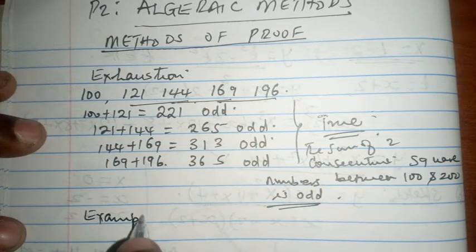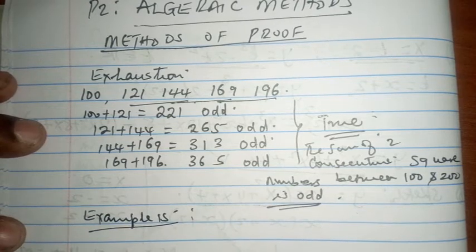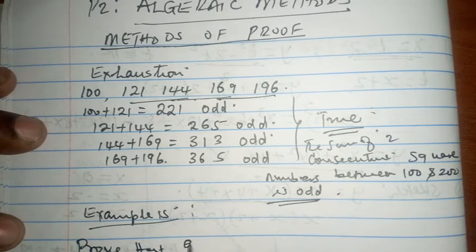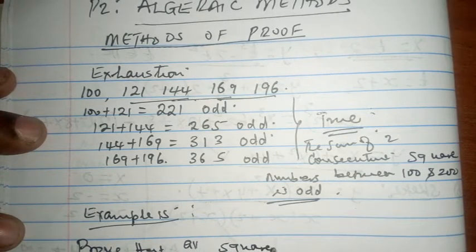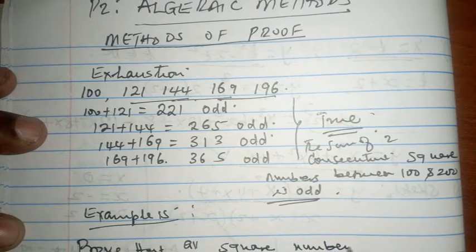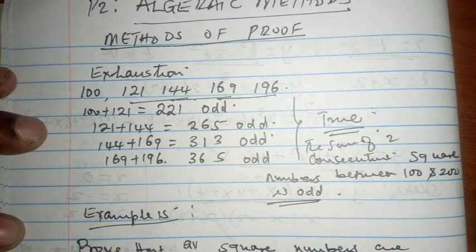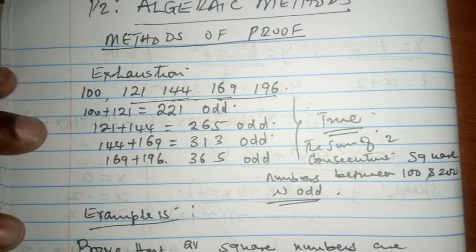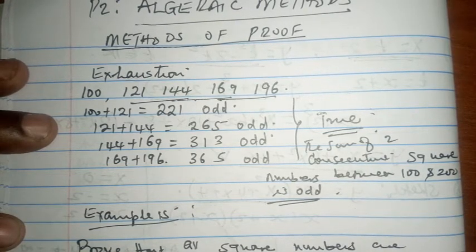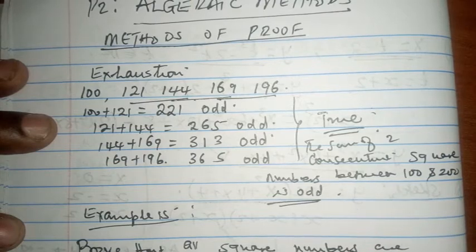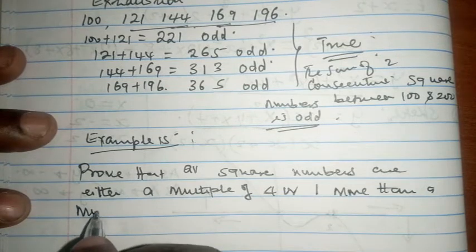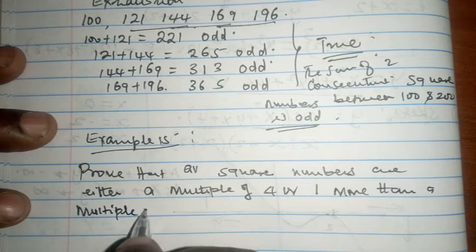Let's just look through example 15. Example 15 is asking us to prove that all square numbers are either a multiple of 4 or 1 more than a multiple of 4.